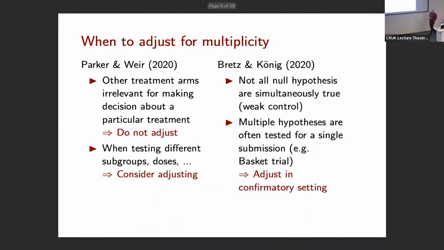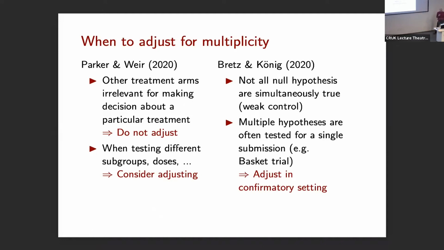In the response letter, Bretz and Koenig say, well, we don't disagree with the original statements, except there's the fundamental assumption that we're working under the global null hypothesis. And we know, in reality, the probability that all treatments are going to be exactly identical isn't going to hold.